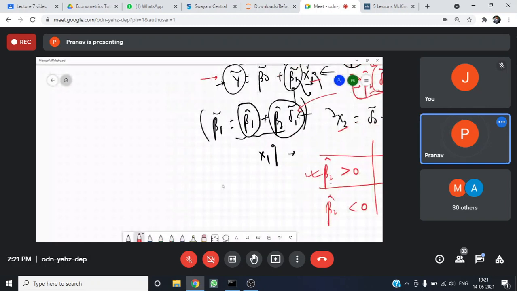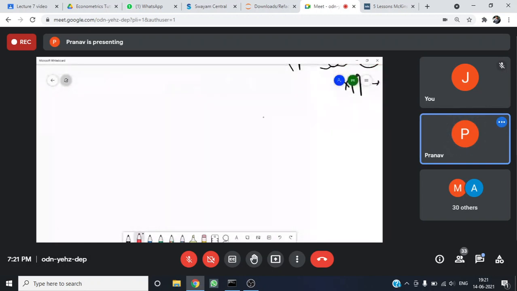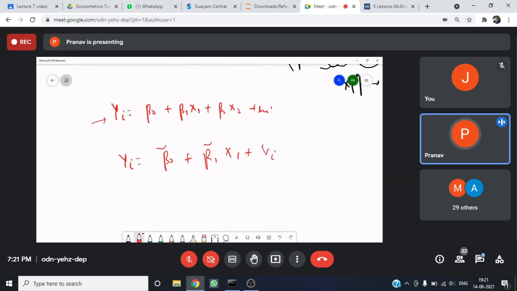Okay, all right. You see, if your actual model is this, and instead of running this model, the researcher ran this model. Now, if this x2 is a relevant variable, it should be explicitly included in the model.